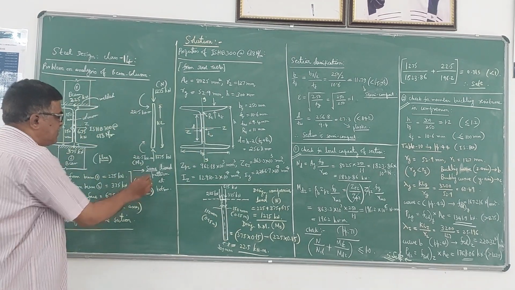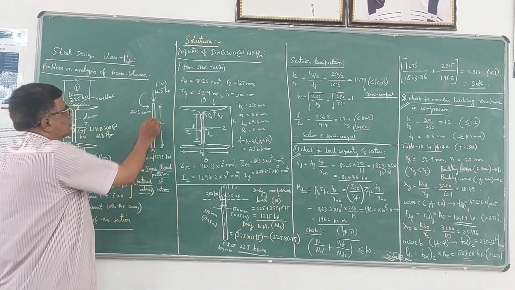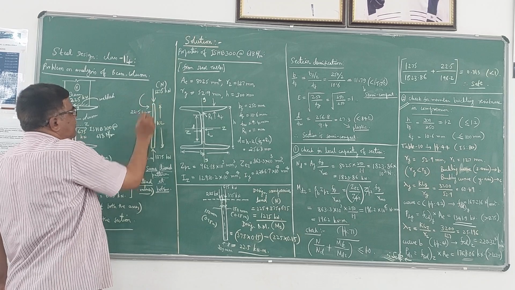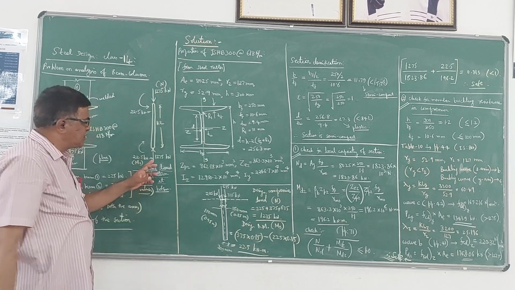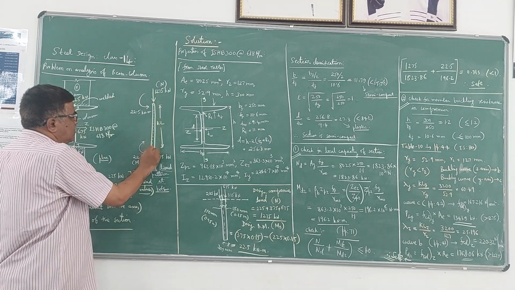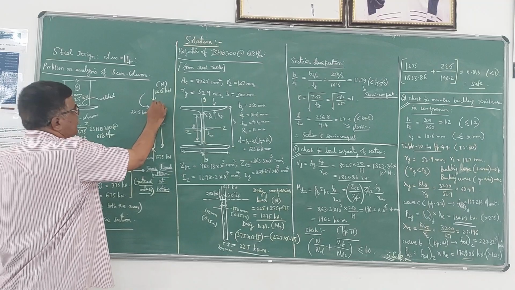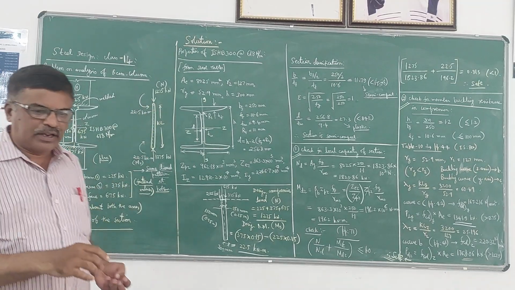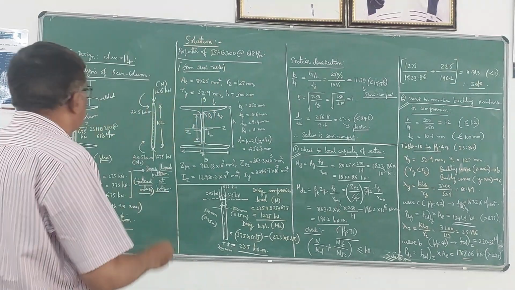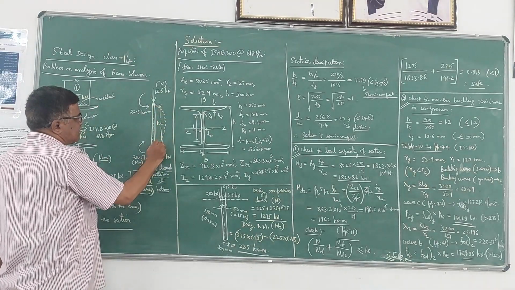Because the same load pattern is given at the top and bottom, whatever load acts at the top of the beam column will be the same as at the bottom, and whatever moment acts at the top will be the same at the bottom. We will take the buckling in one direction, something like this, single curvature buckling.